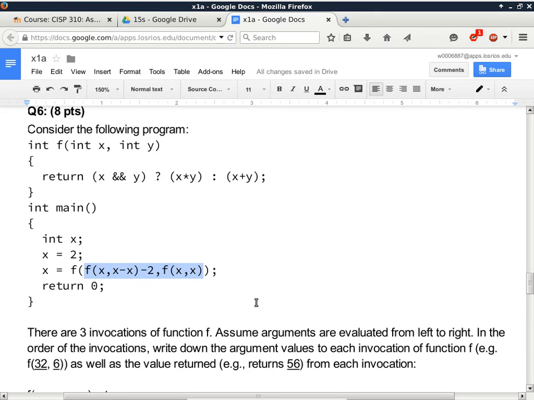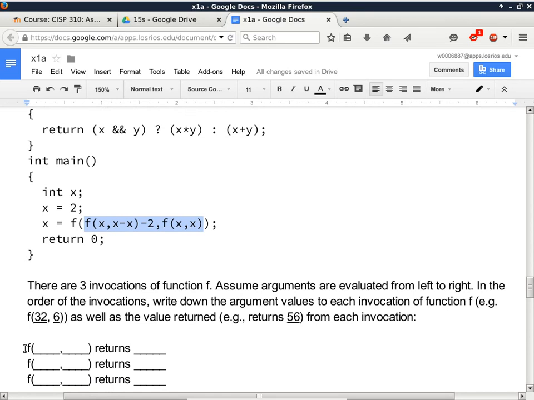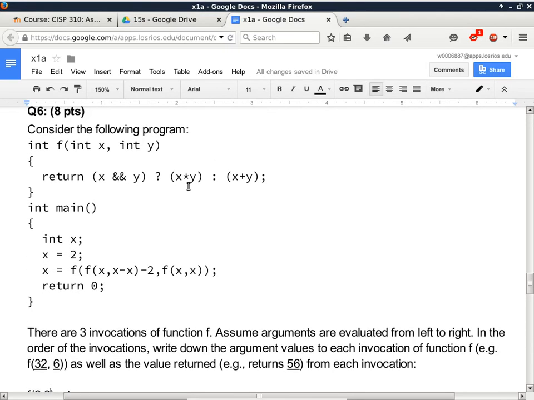In terms of the answer, the first one is basically just x and x minus x in this particular case. So x starts off with a value of 2 because of the assignment operator here. So it has 2 on one side, and the other side is just 0 because x minus x is always 0. Then you have to go into the subroutine and find out, if the first parameter is 2 and the second parameter is 0, what is the return value?